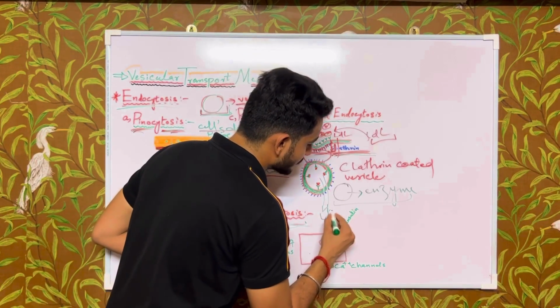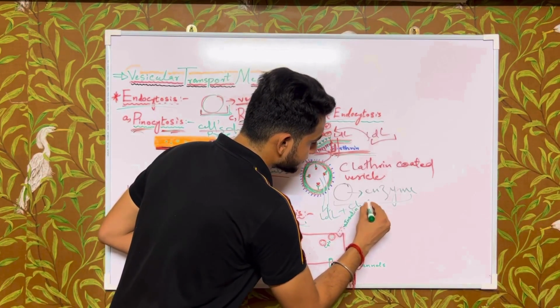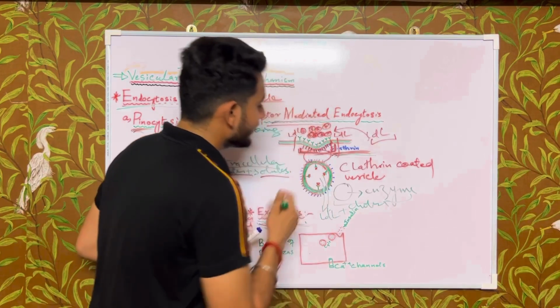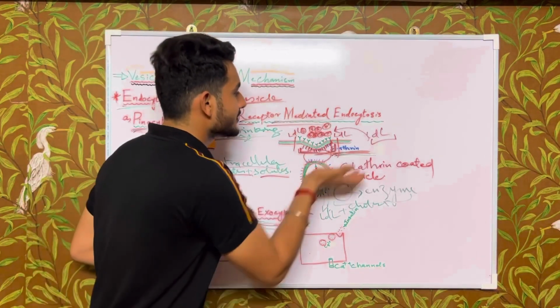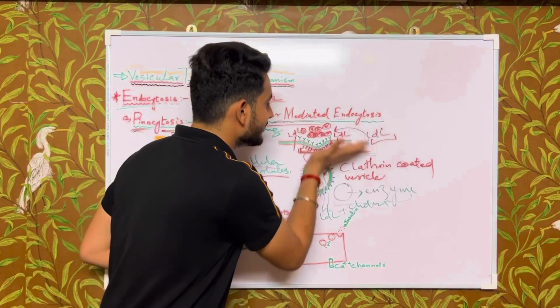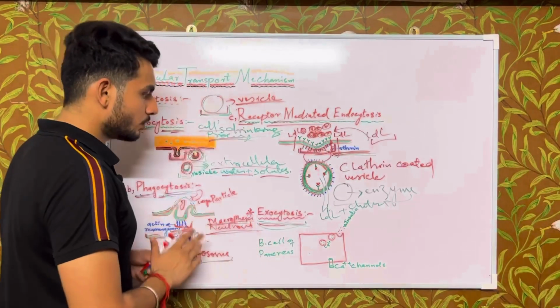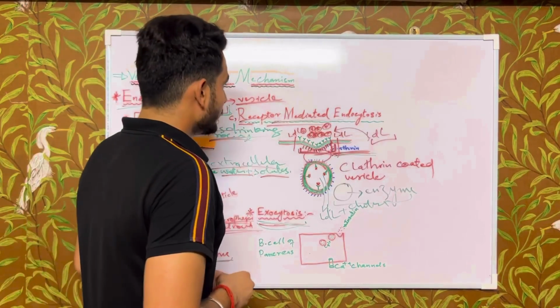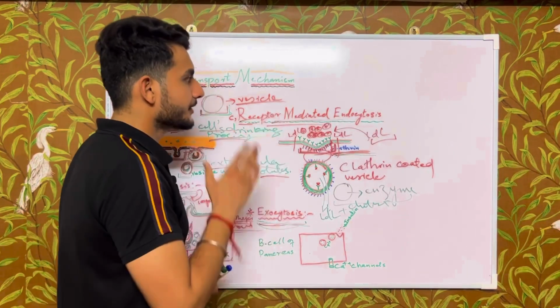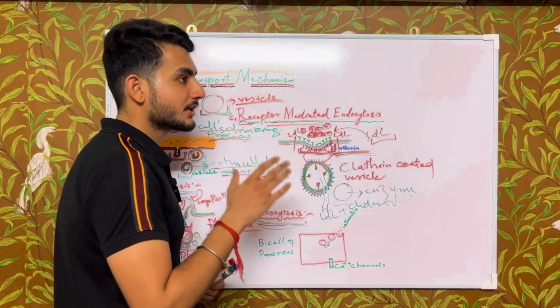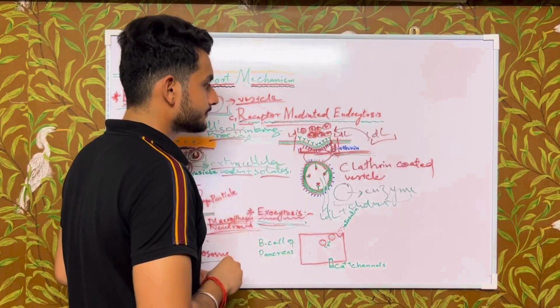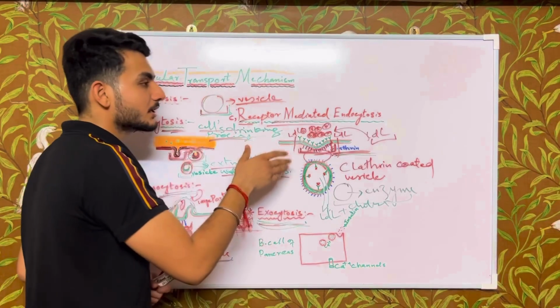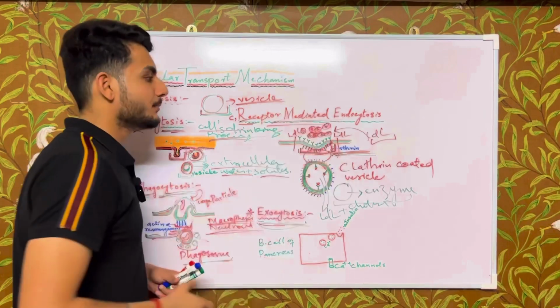So LDL and cholesterol are released from their vesicles, and the LDL receptors are restored and implanted within the membrane again. So this was all about receptor mediated endocytosis, which occurs within the hepatocytes due to the involvement of clathrin molecules.